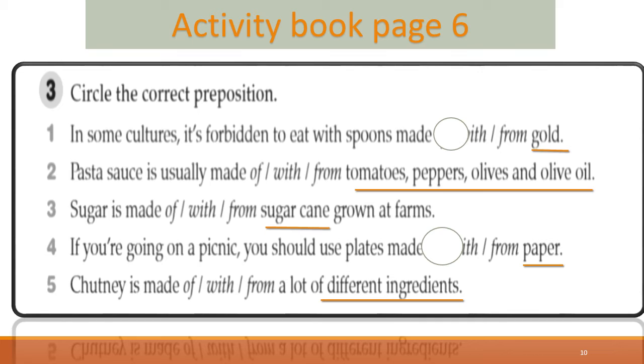And be careful after the choices, options. Number one, here you have gold. In some cultures, it's forbidden to eat with spoons made from gold. So what do you think here? Gold, changeable or unchanged?